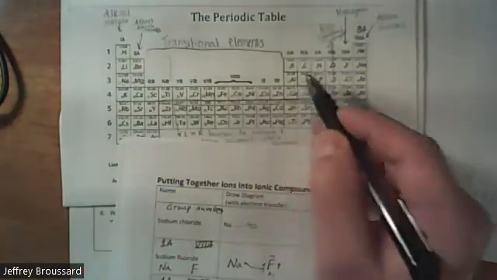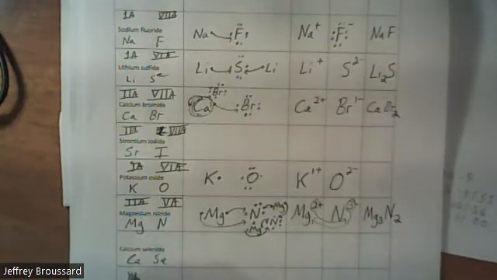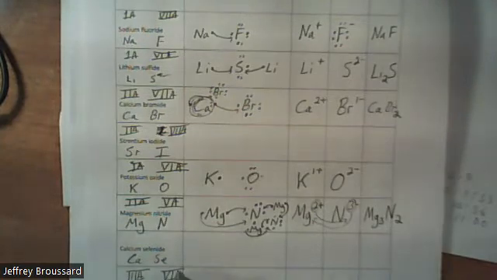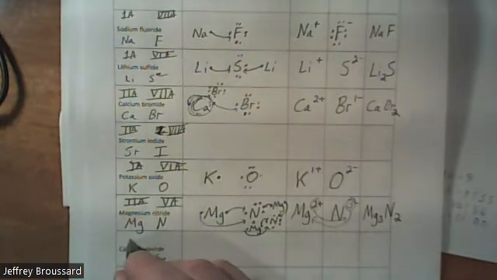Aluminum is in group 3A. 1, 2, 3A. Sulfur is in group 6A. So that's the 1A. AlS, and I'll let you draw the dots. Ca is in group 2.